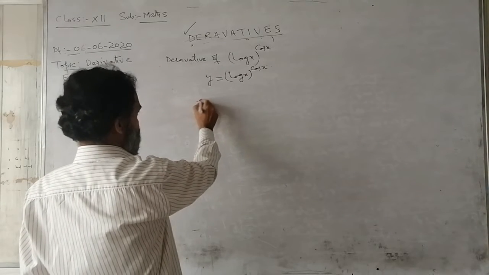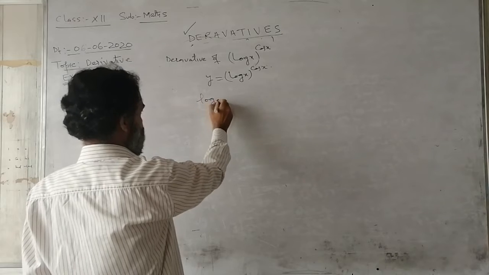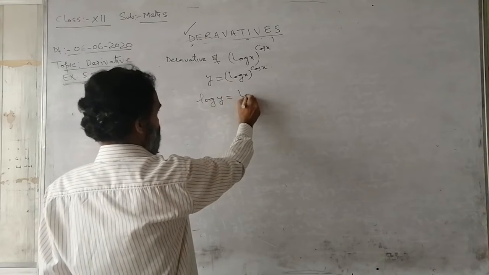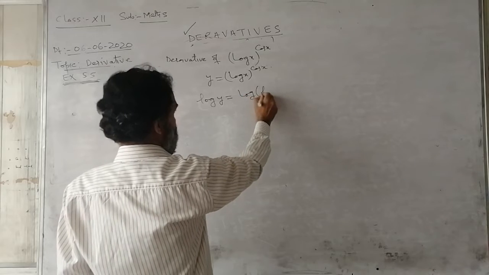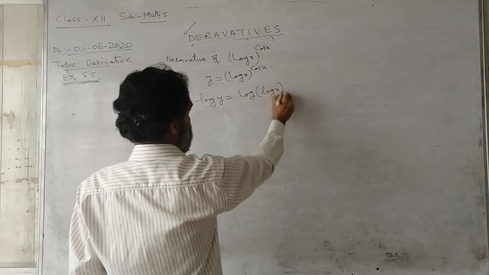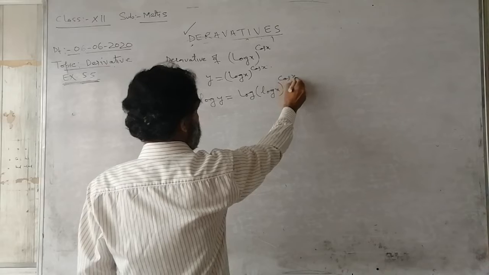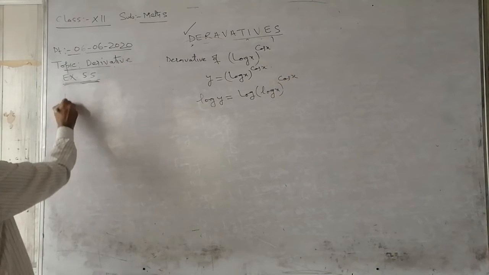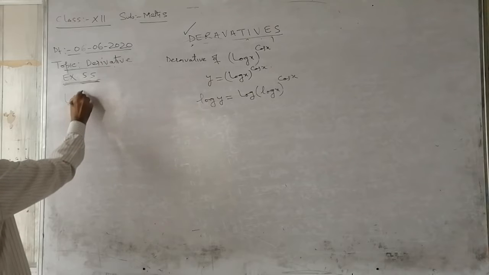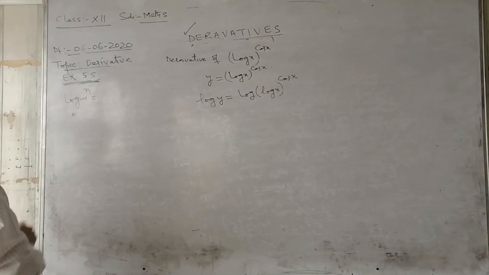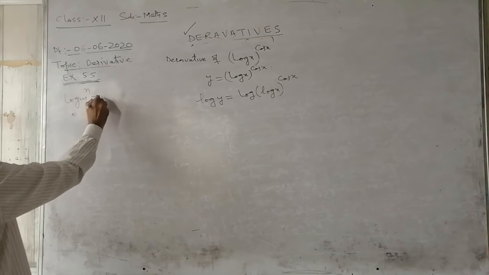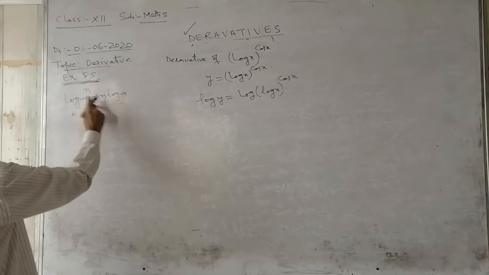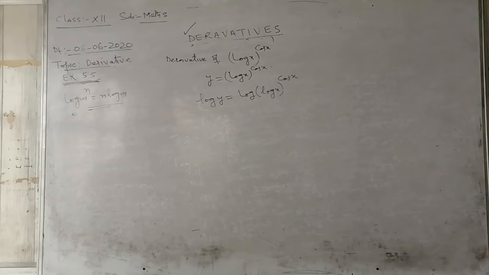For this, take log to both sides, and log of x whole raised to power cos of x. Again by the logarithm formula, this exponent is written in the base.